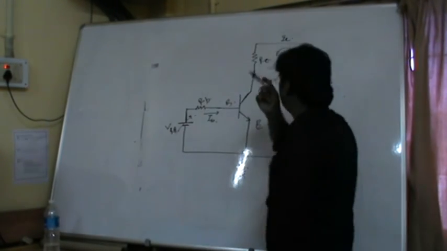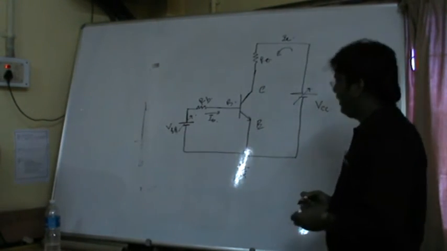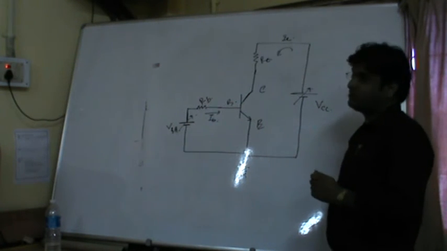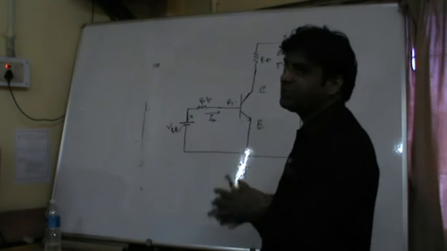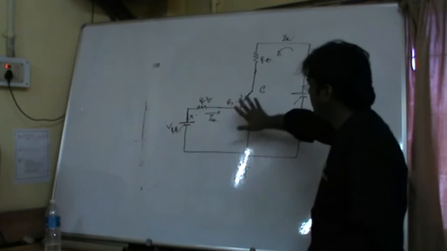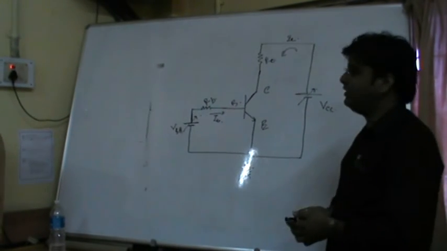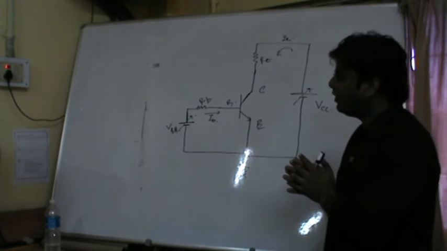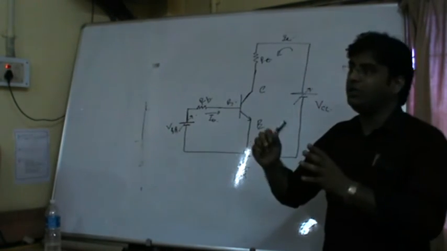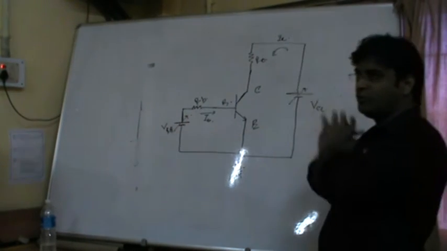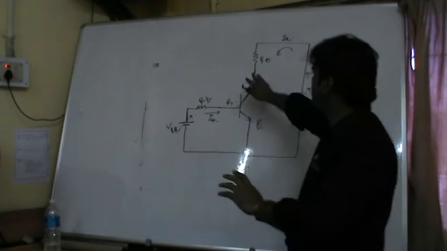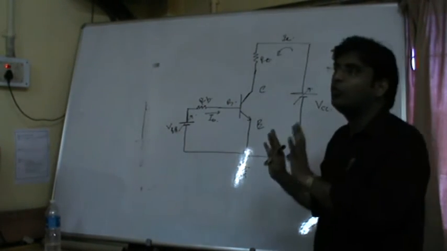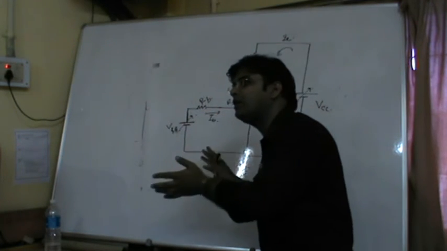And now if I ask you from the output side, this is the output side and this is the input side. Of the three terminals of the transistor, one is common to the input side and the output side. Which terminal is common to the input side and output side?